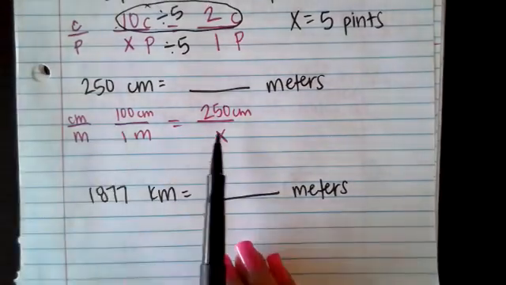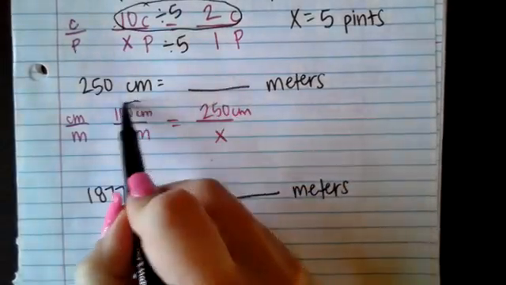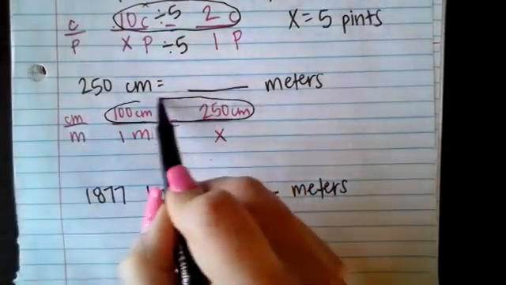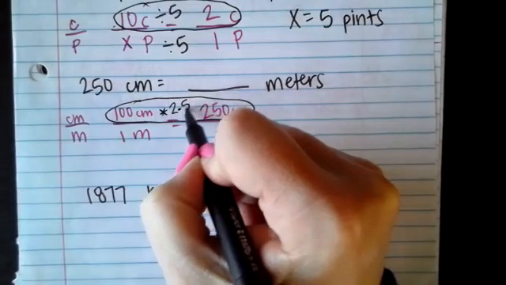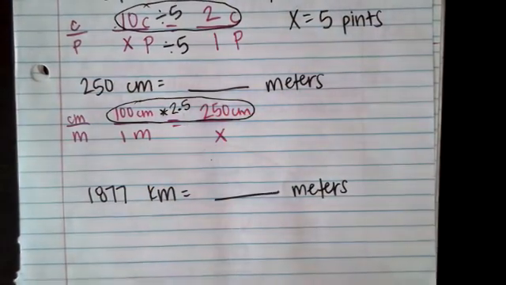If I look from 100 to 250, if I use this crossroads method, I actually have to multiply 100 times 2.5 to get 250.